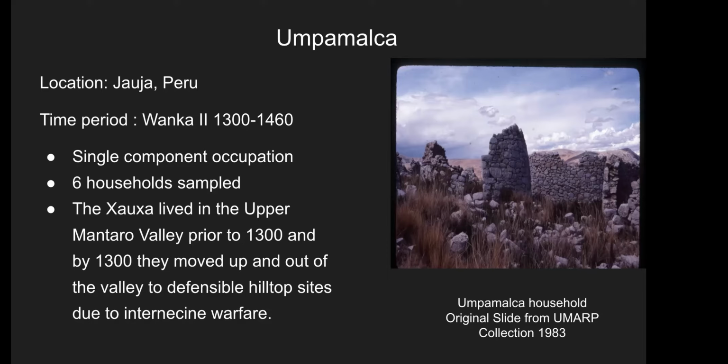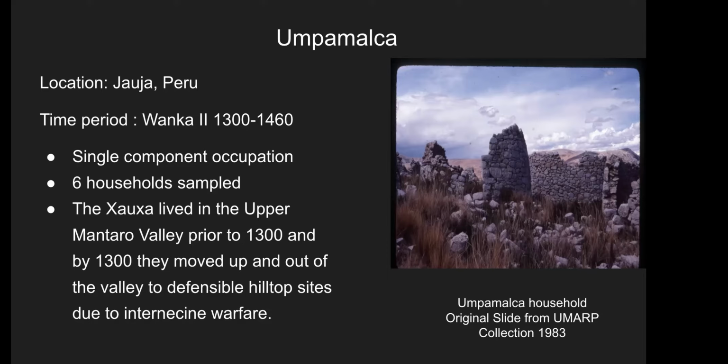Prior to 1300, the Xauxa were living in and around the Mantaro Valley. They were herders and farmers who lived at the bottom of the valley, but there was increasing conflict, and eventually it was no longer safe to live in the valley. So they moved to defensible hilltop sites such as Umpamalca by 1300.